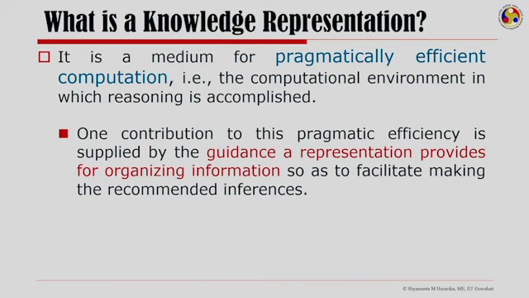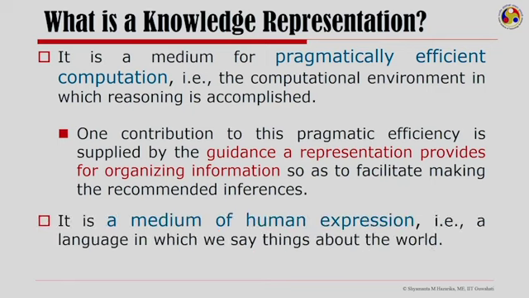So a representation allows you to organize information in the most efficient way so as to be able to make the recommended inferences from it. It's a medium of human expression, that is, it is a form of language in which we see or say things about the world.